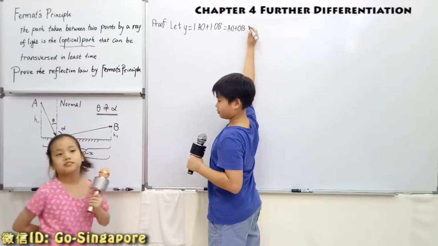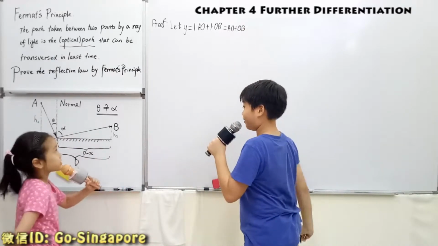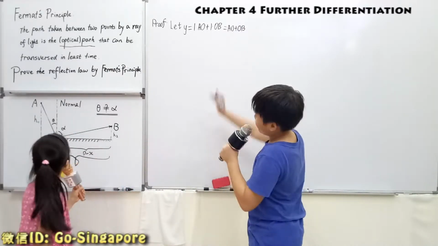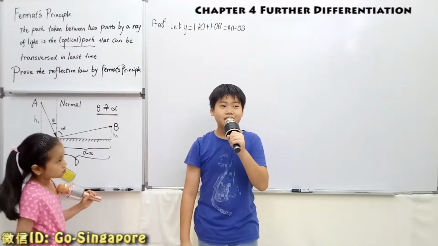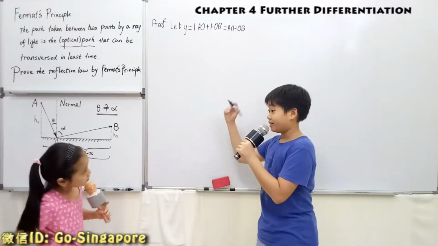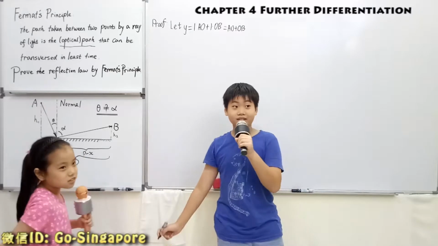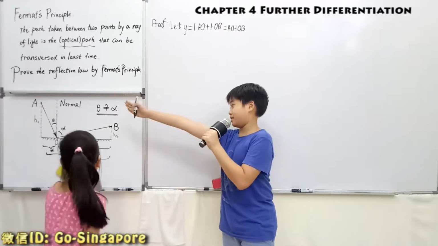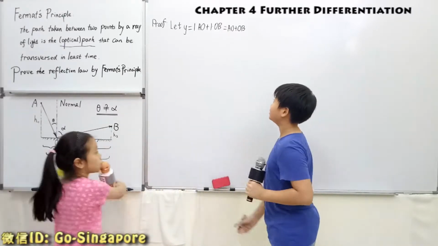Why do you think it's a 1? It's a 1 because of the n, because it's an nd, right? The distance is this, right?